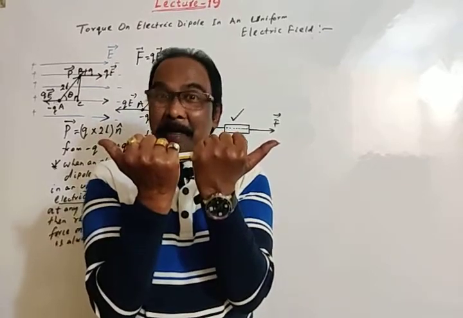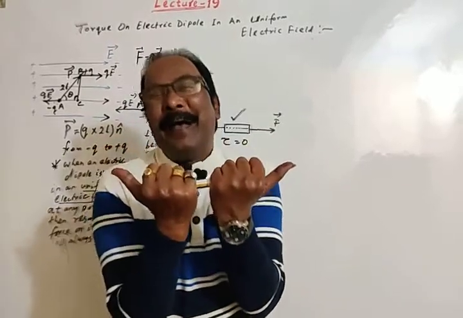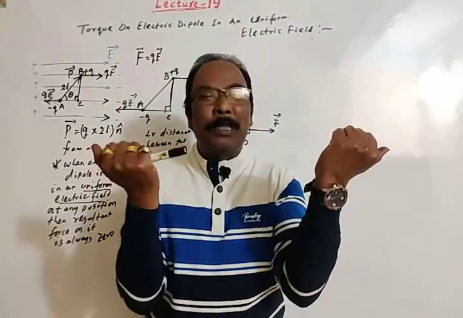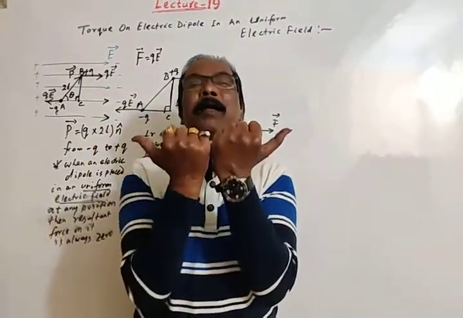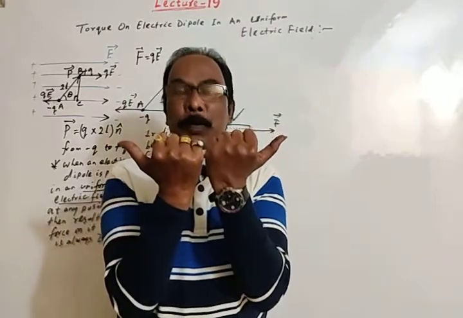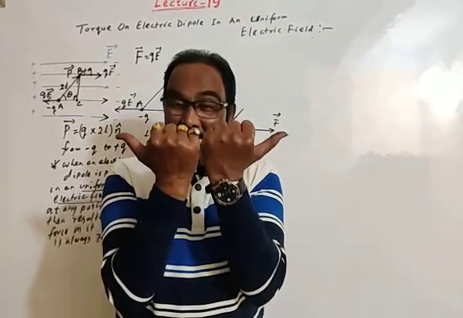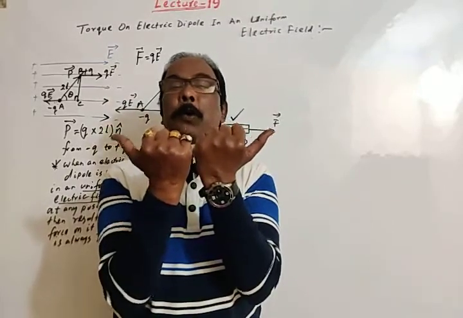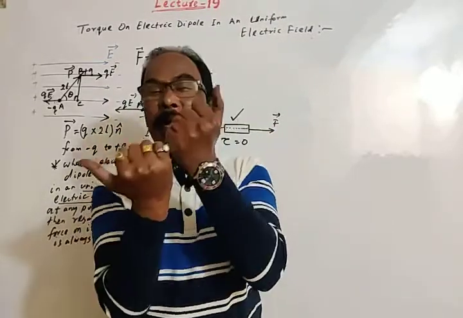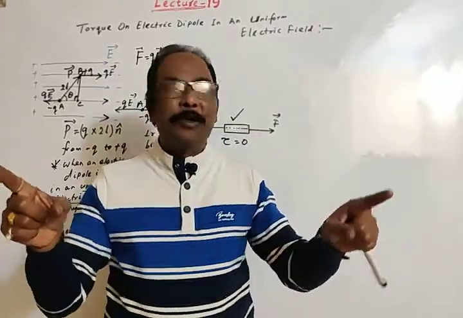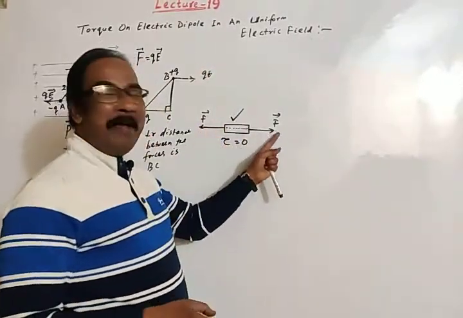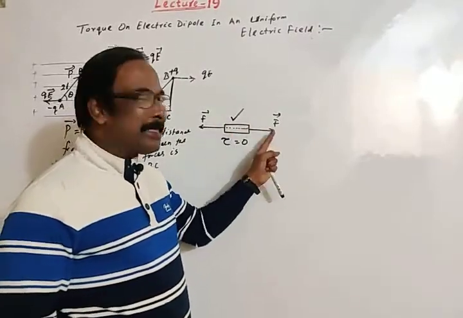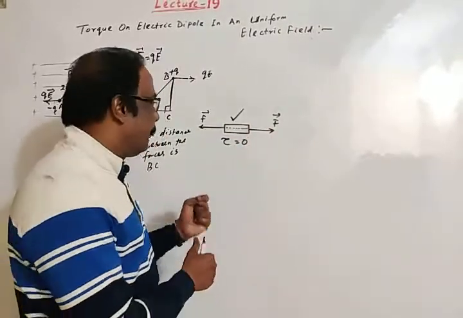Believe me, I am applying the whole of my force. This force is equal in magnitude to this force, but the direction is opposite. Then the resultant force is 0 and the resultant torque is also 0, because the body will not rotate at all, because there is the same line of action between these two equal and opposite forces. So torque is 0.